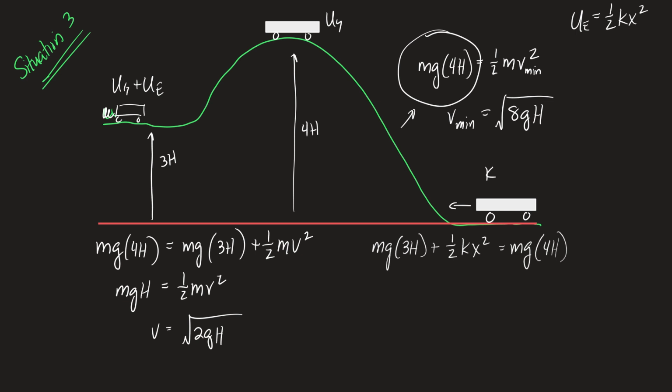So I subtract the mg3h from both sides and get just mgh. Multiply both sides by 2, divide by k, and then take the square root of both sides.